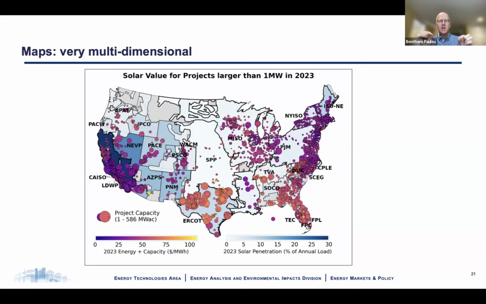And just one more detail, the size of the dots reflects the project size. Larger dots range up to over 500 megawatts, small dots down to 1 megawatt. So anyway, you can see again, there's a lot going on, just like that earlier multi-dimensional line and bar chart. There's a lot to study here.